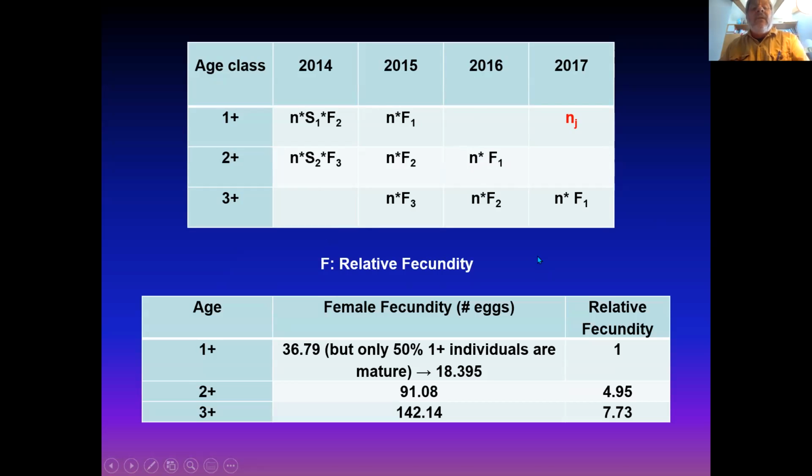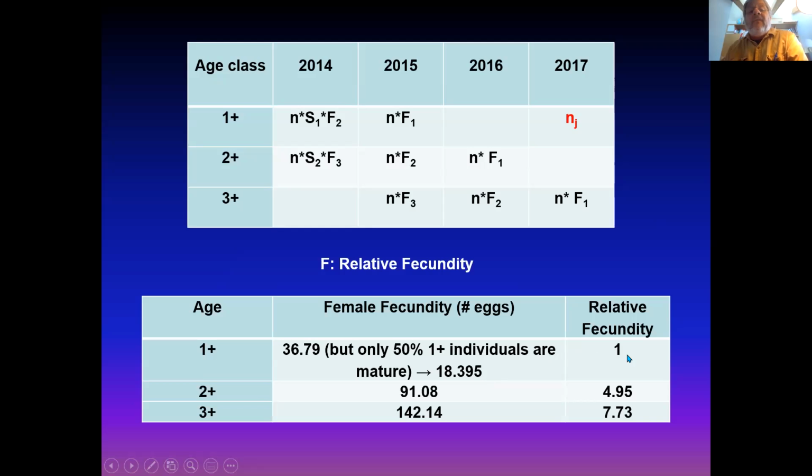I don't want to belabor this. But relative fecundity, we know from the literature how many eggs a 1+-year-old produces on average, but only half of them. So 1 year is the age at 50% maturity. So only half of them are mature, and therefore we consider half of this value, 18.4.